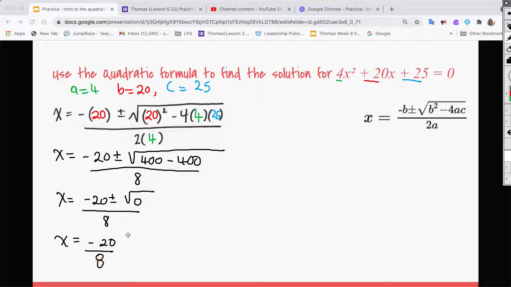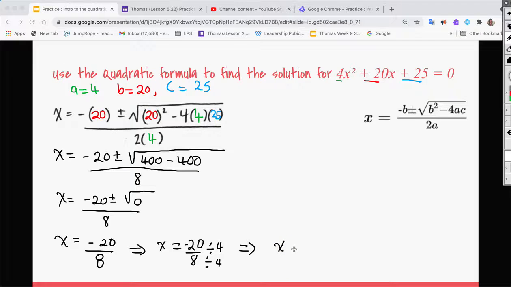You're going to encounter fractions every now and again. This is something that you can reduce by finding the common factor for both 20 and 8, which is going to be 4, which means you're dividing your 8 and your 20 by 4. If you don't know how to do this, you could always leave it as negative 20 over 8, but it's always great if you can reduce your fraction.